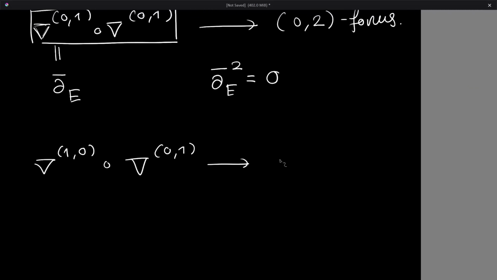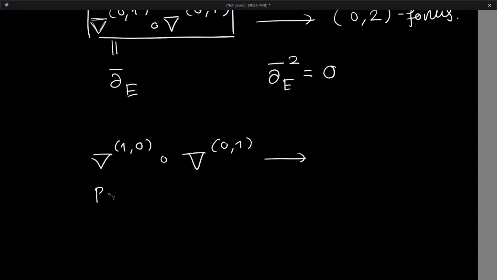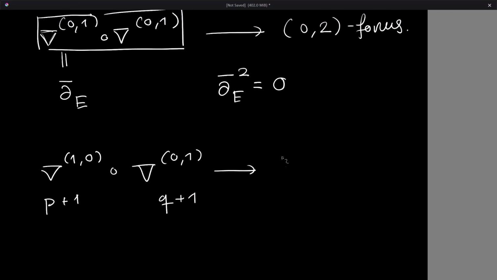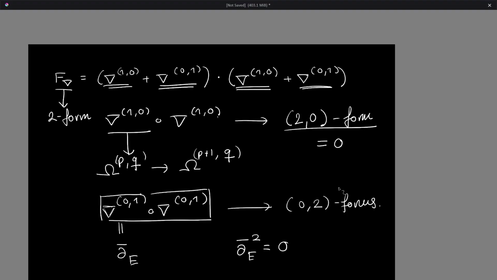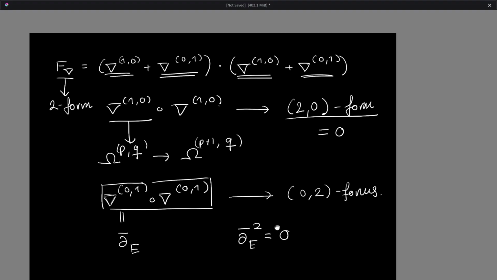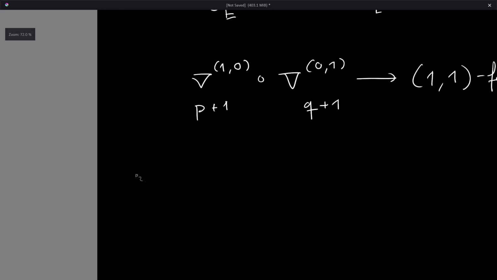This one is going to increase p by 1, and this one is going to increase q by 1. So these are going to be the 1,1 parts. We don't have to do anything about these. These are the parts that are going to remain when the proof is over. So right now, the only part that remains to be proven is that this 2-0 form is 0. So that's what we're going to do next.